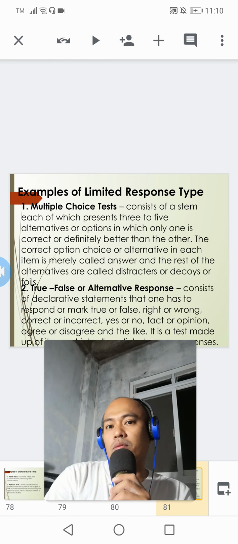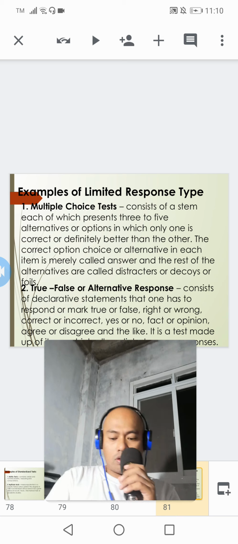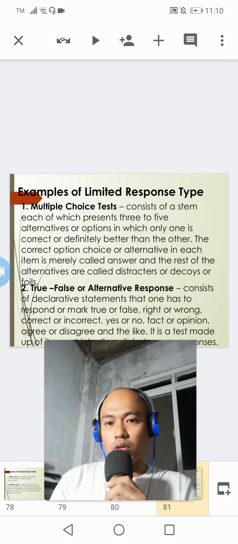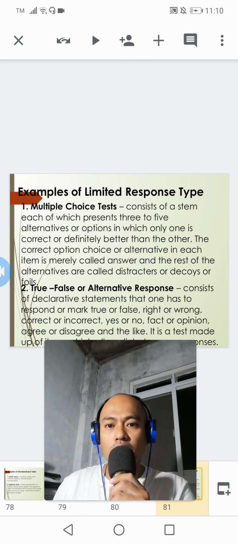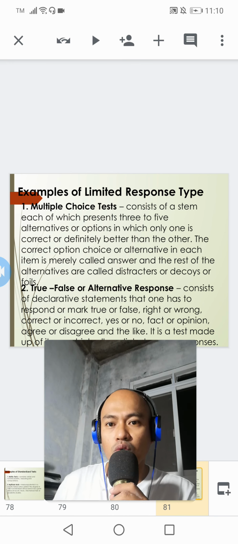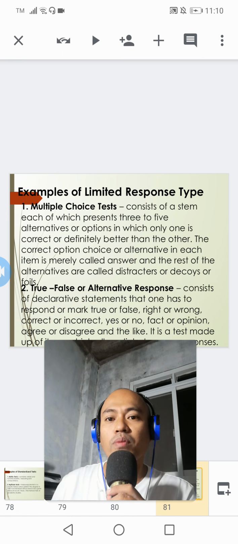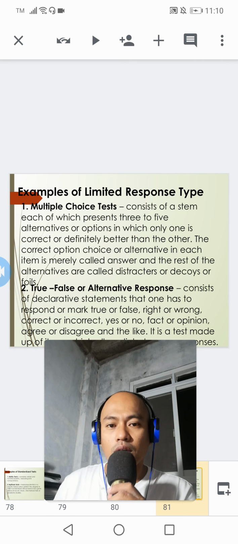So under this limited response type of test, as we said a while back, we can use the multiple choice type of test, which consists of a stem, each of which presents 3 to 5 alternatives or options in which only one is correct or definitely better than the others.